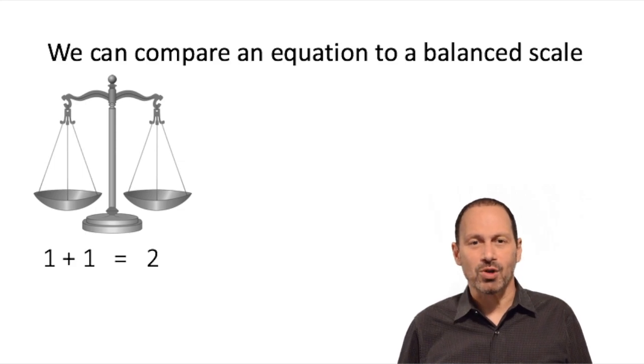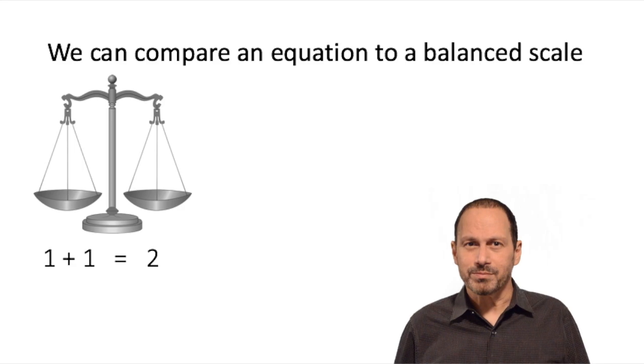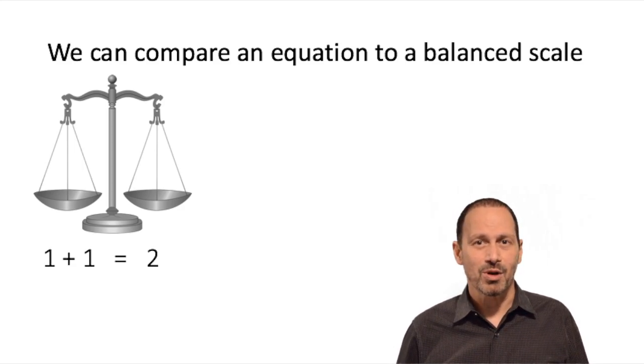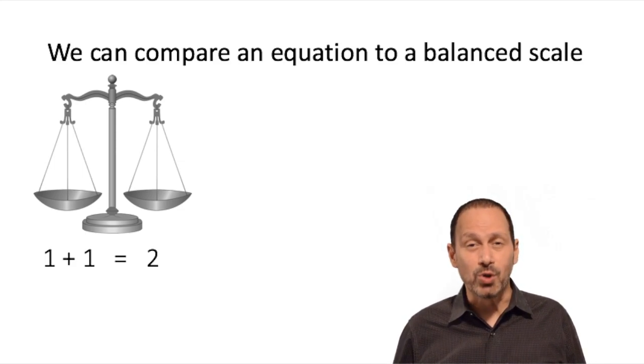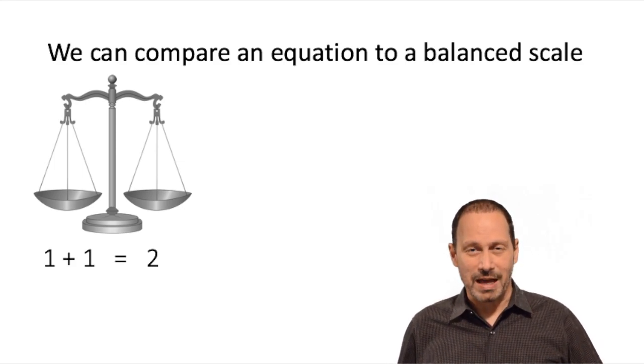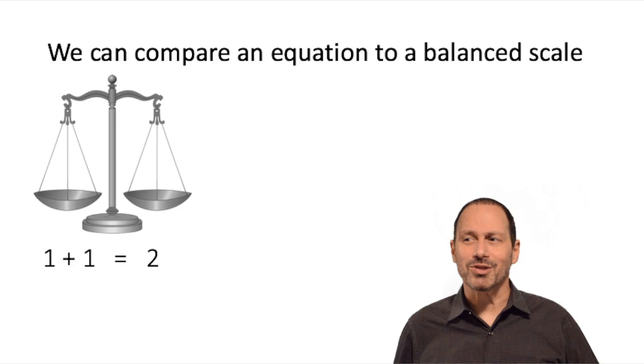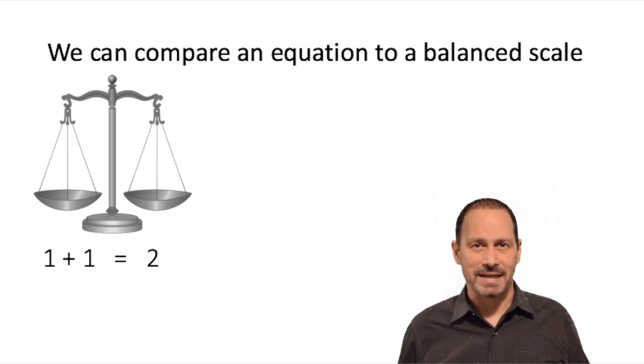It turns out that, just like on a scale, we can perform any of the four basic operations: addition, subtraction, multiplication, or division, as long as we do it on both sides of the equation, so that the scale remains balanced.